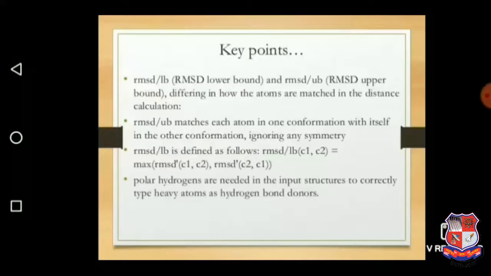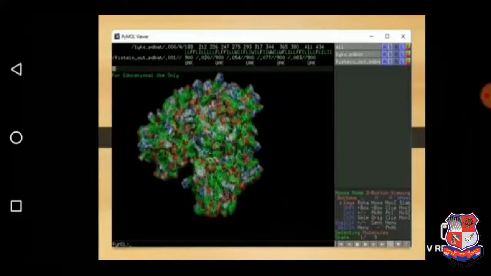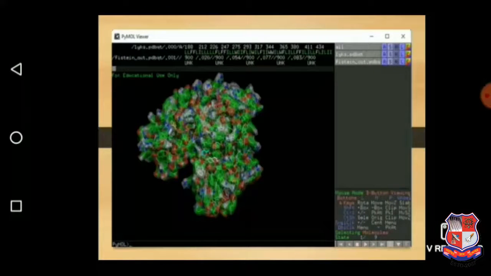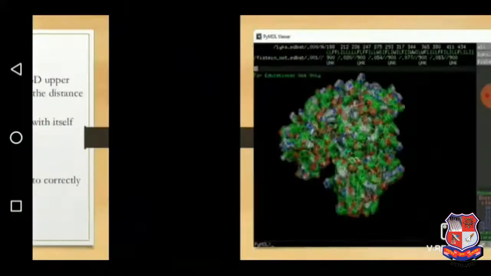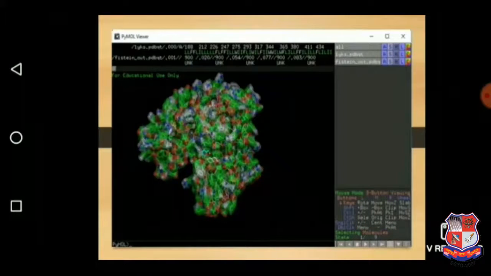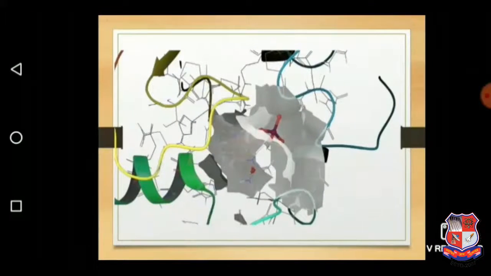Polar hydrogens are needed in the input structures to correctly type heavy atoms as hydrogen bond donors. These are other structures showing how the hydrogen bond donors and other conformations look, like primary hydrogen or secondary hydrogen. And these are the bindings in close view.